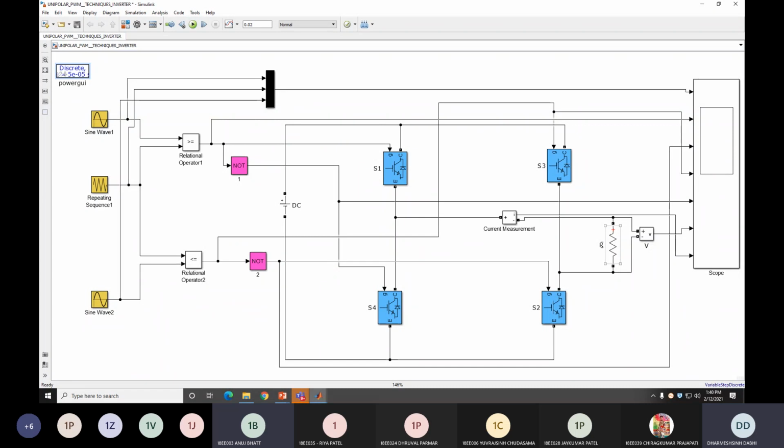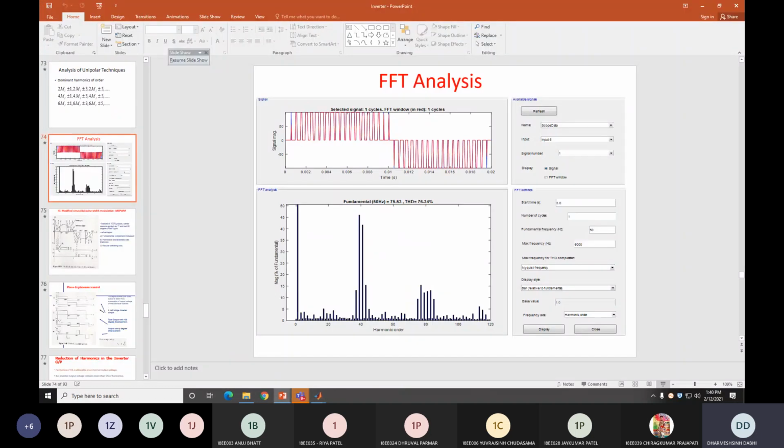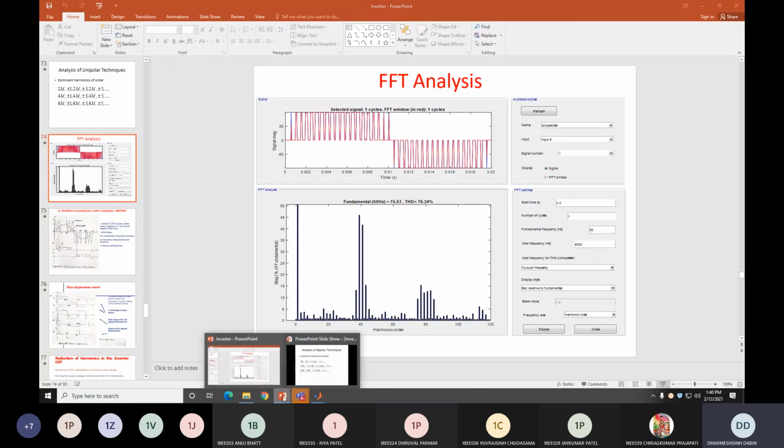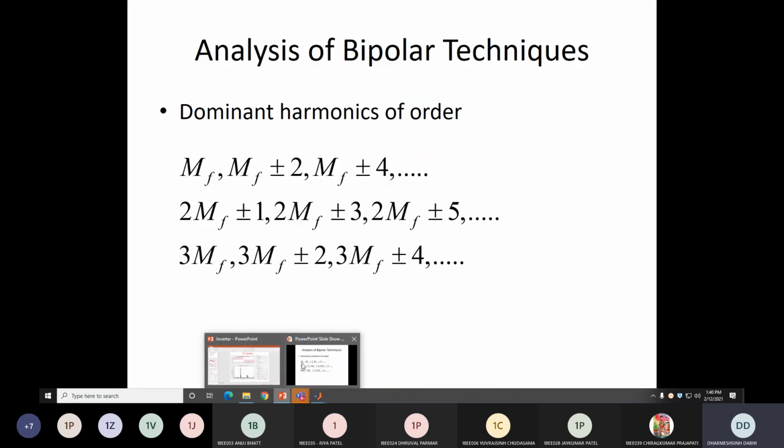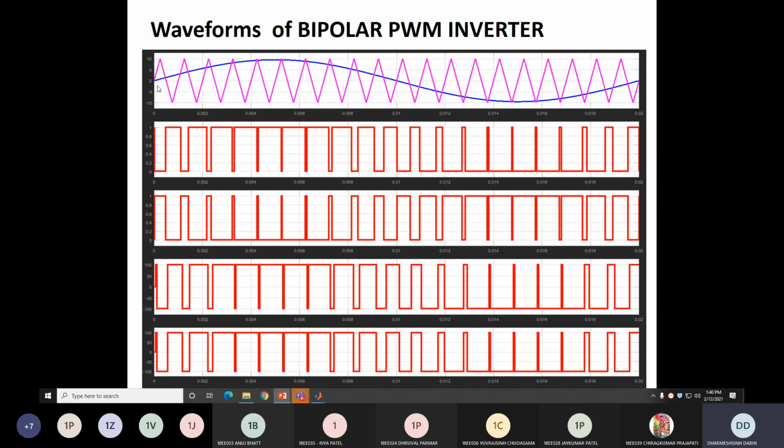Yes, very good question. So you can see here this waveform of the bipolar technique.